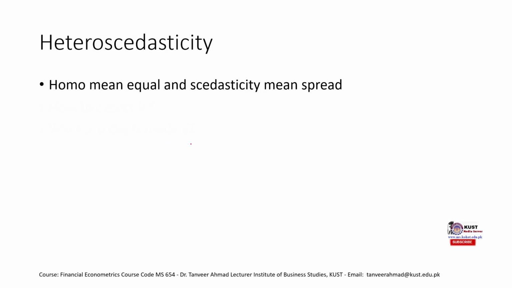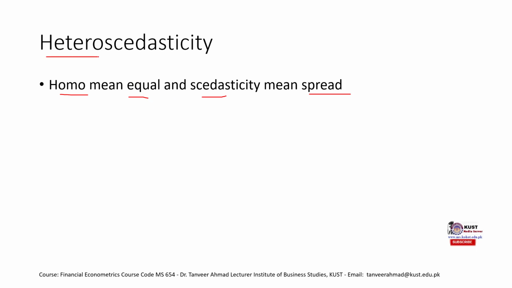So starting with the basic idea, although we have discussed, but let me give you a quick idea. Homo means equal and skedasticity means spread or variance. So when we say homoskedasticity, we mean that the variance or the spread in the error term is equal, right? So that's what homo means.